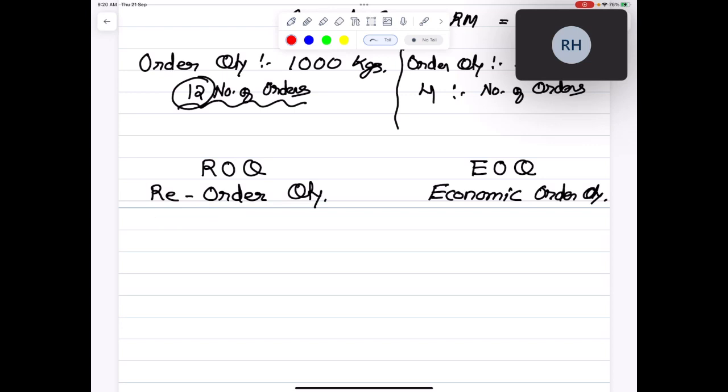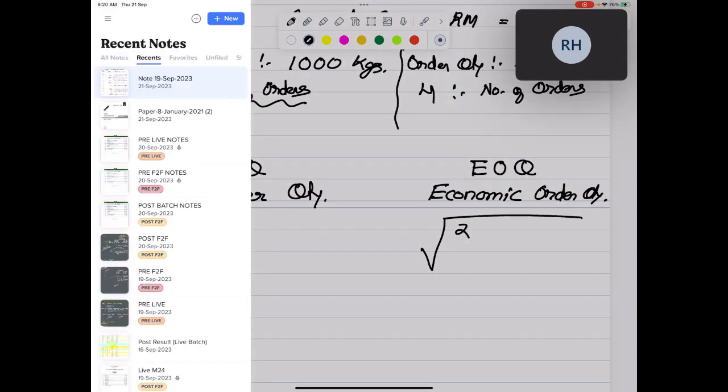So suppose I have decided that I will order the quantity decided by the scientific formula. There is a formula for this EOQ, just listen here. What is the formula?